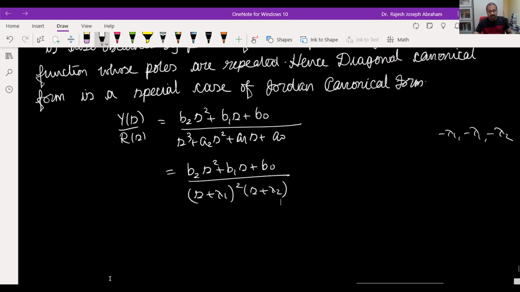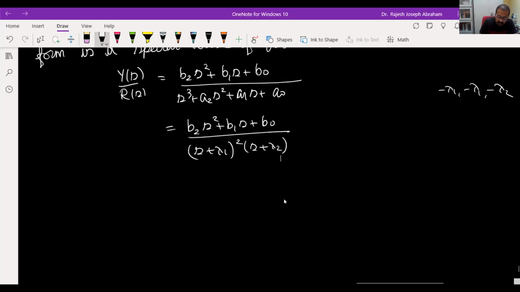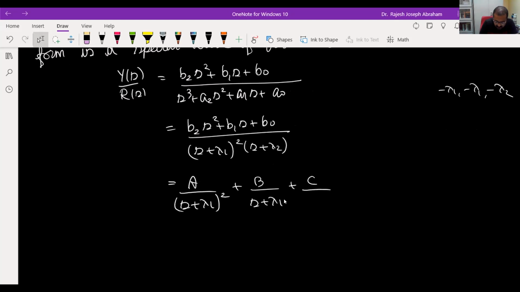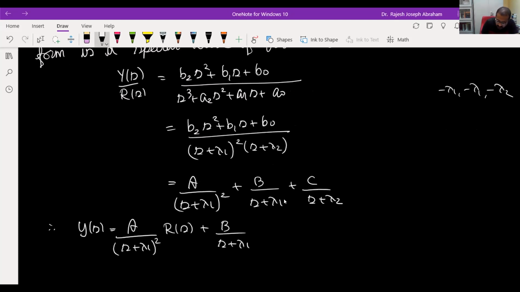Now, how will you apply partial fraction? A by s plus lambda 1 whole square plus b by s plus lambda 1 plus c divided by s plus lambda 2. So what will be the output? This into the input R of s. So Y of s will be A by s plus lambda 1 whole square into R of s plus b by s plus lambda 1 into R of s plus c by s plus lambda 2 into R of s.